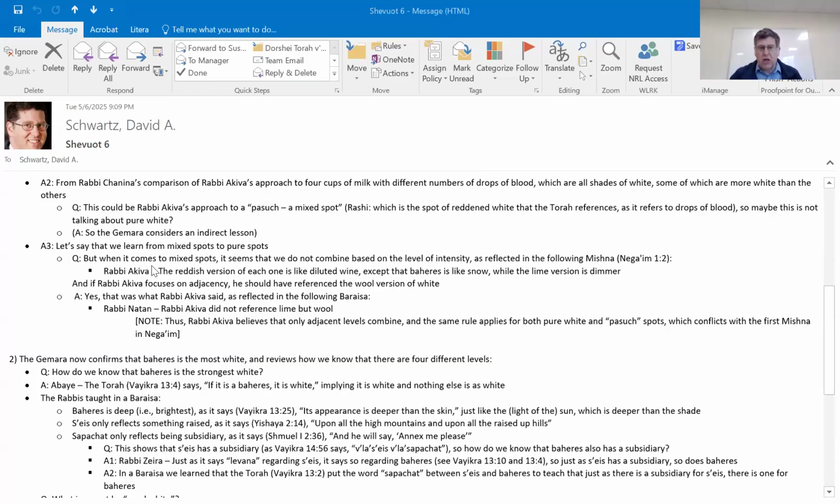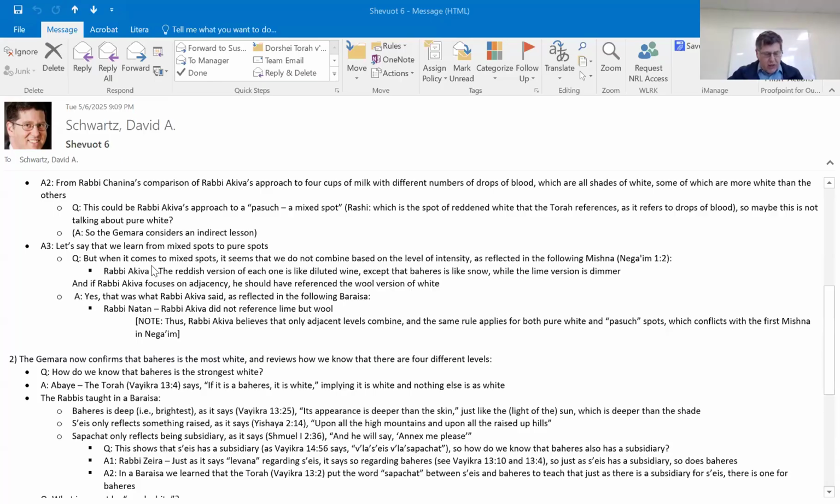This is a pasuk from Shmuel Aleph, where Eli Cohen wants his children to still be part of the Kohanic service, and so he asked to be included. But in any event, the bottom line is that it refers to being an adjunct, being secondary to.